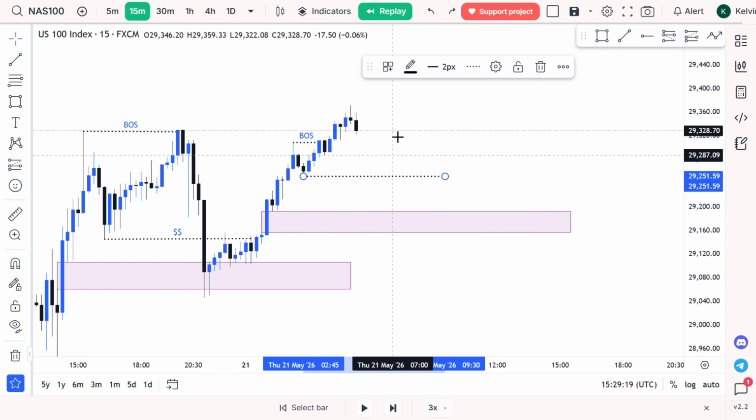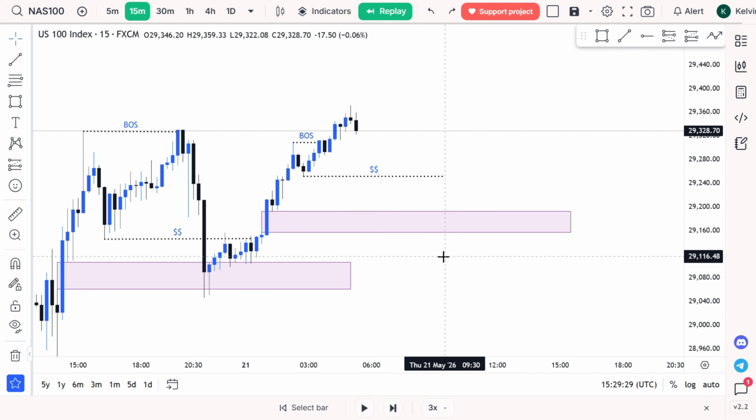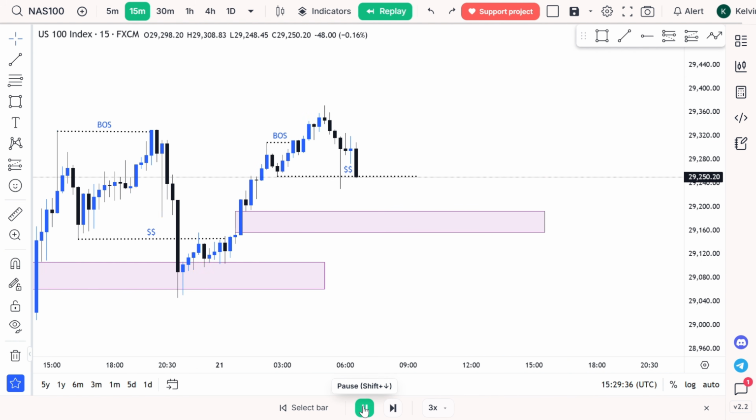So we wait for this low to be taken out as a liquidity, and then we take our buys once we have a candle confirmation from this area, or if you have a change of character inside the lower time frame. So let's see how price plays out.